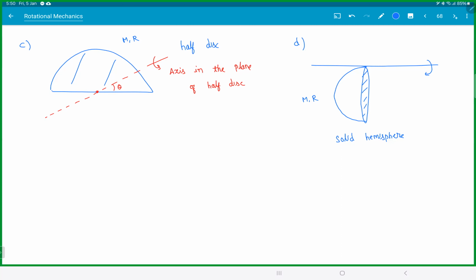Like I said, remember in the beginning we wrote a statement: as long as you keep the orientation same, it doesn't matter where you keep the particle. So using that logic, just make this into a full disk. Can I do that? Reason.